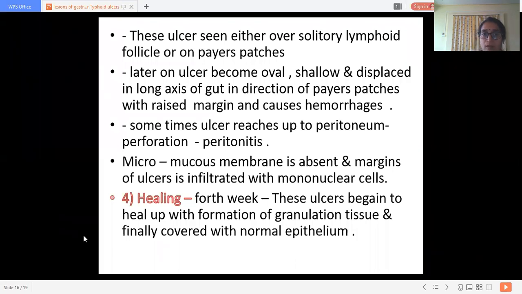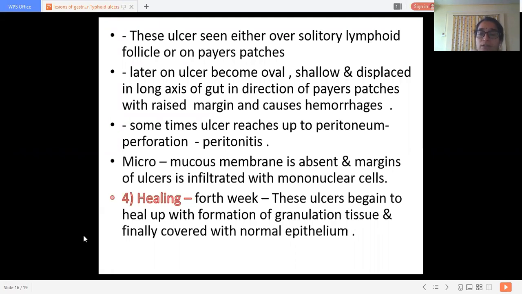Later on, these ulcers become oval, shallow, and displaced along the long axis of the gut in the direction of Peyer's patches, with raised margins, and sometimes cause hemorrhages. They are not deep.